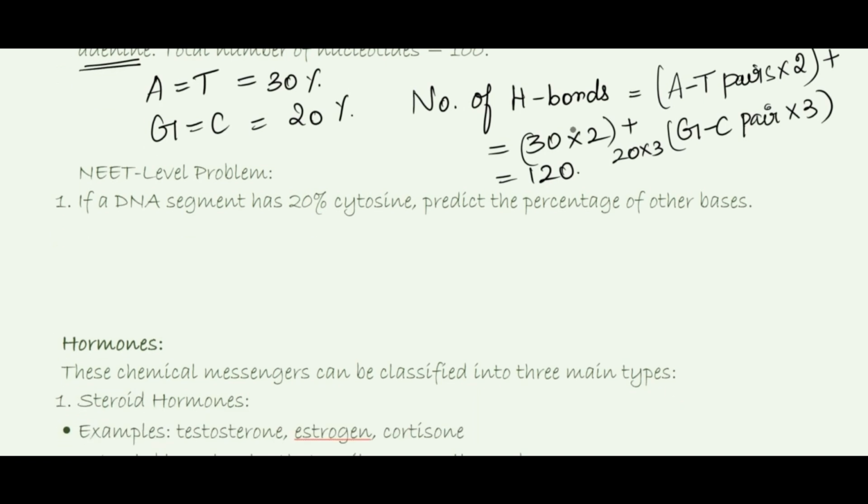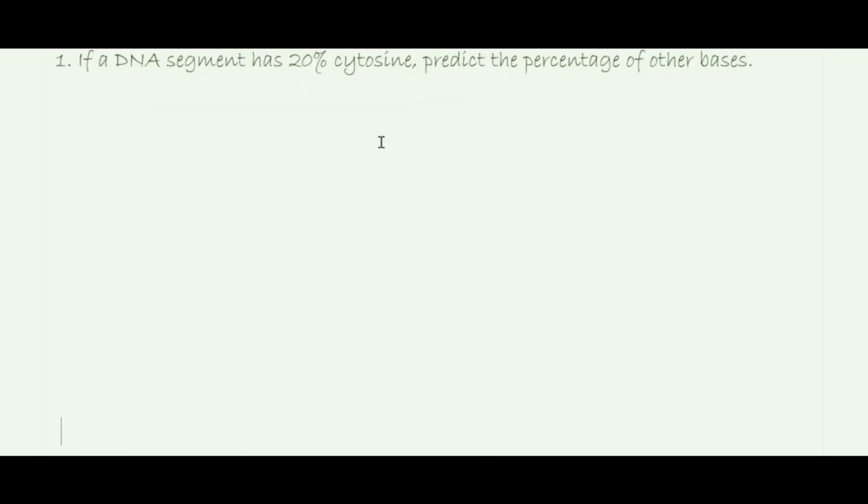The next question is, if a DNA segment has 20% cytosine, predict the percentage of other bases. 20% cytosine, which means that C is equal to G, that is 20%. First rule of Chargaff. Remaining 60% is there.